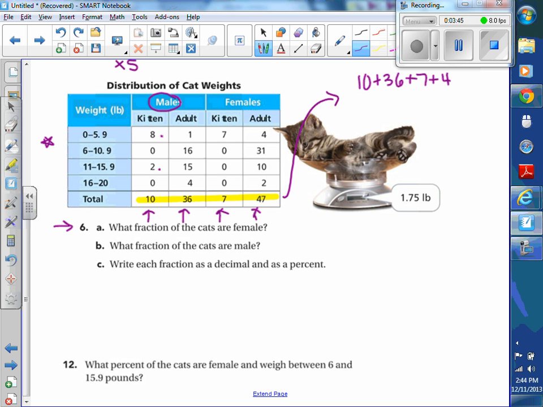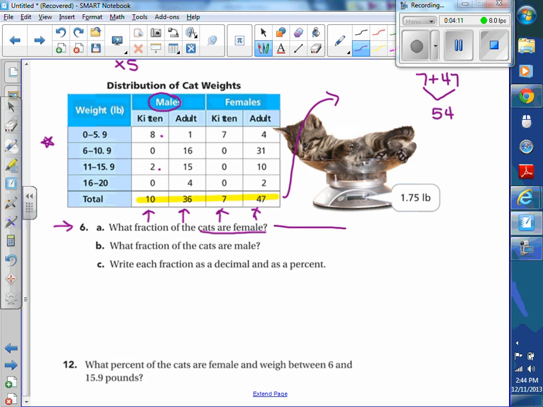Well, I added the female weights. Oh, because you're doing just the females. You're just doing part A, and I'm already jumping on to the next part. So 7 plus 47, that's 54. I was thinking about the percent question already.